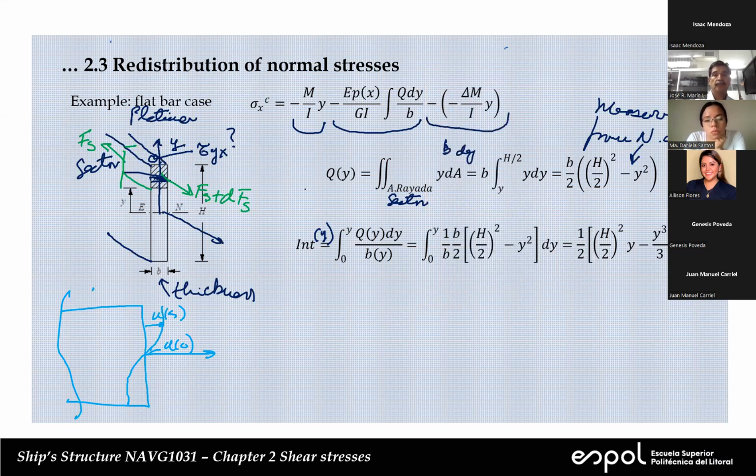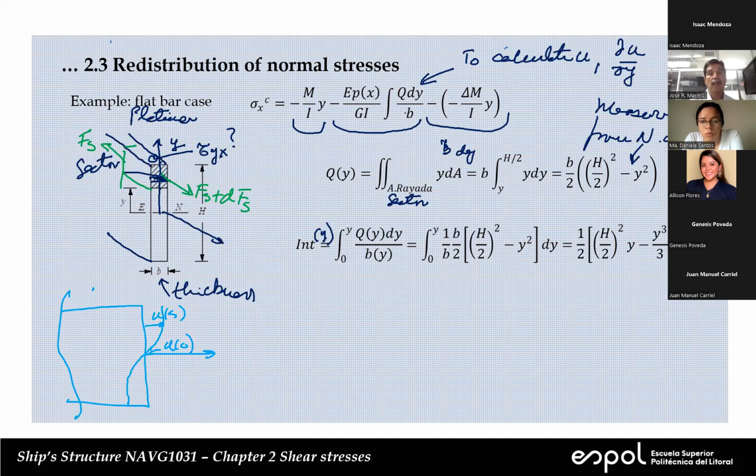It is employed to calculate U. We obtain du dy, with shear stress divided by G, and then we integrate du dy in order to obtain U. That's how this integration appears.